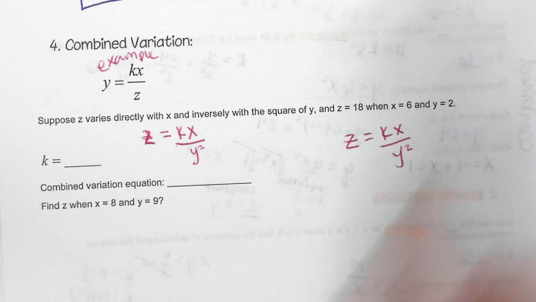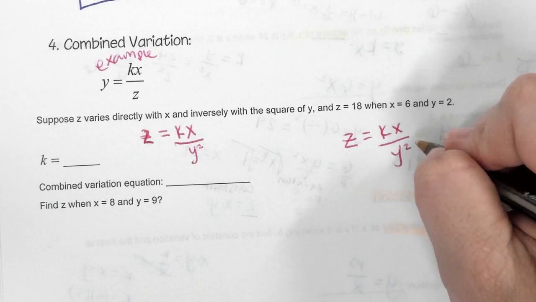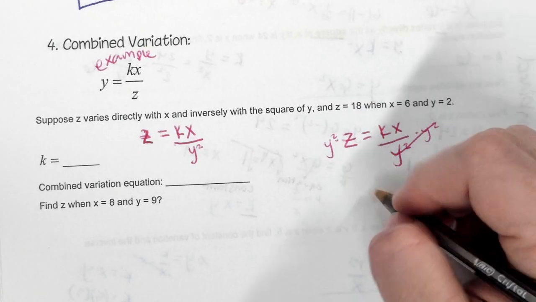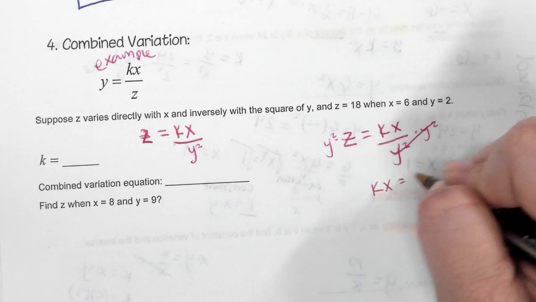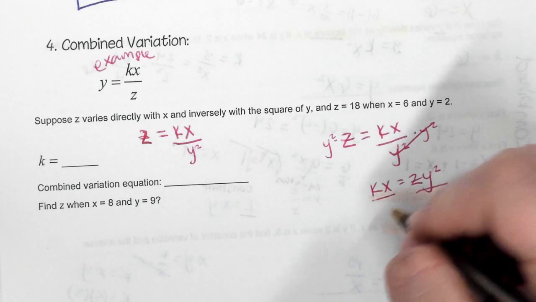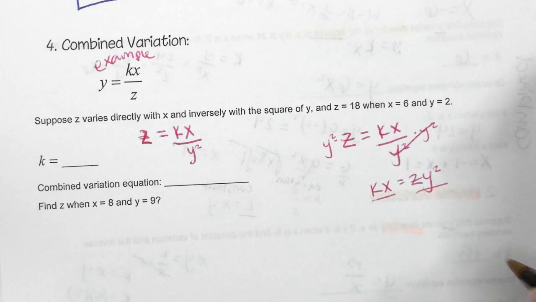How do I solve for k? Well, I have to get rid of the divide by y squared, so I'm going to multiply both sides by y squared. And I have kx equals zy squared. What do I do now? I'm trying to get k by itself. What am I getting rid of?